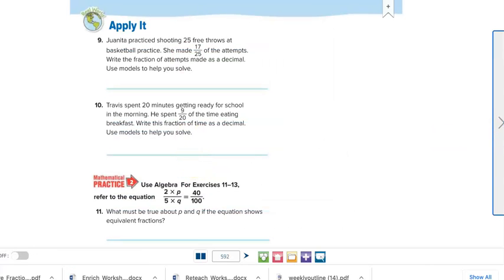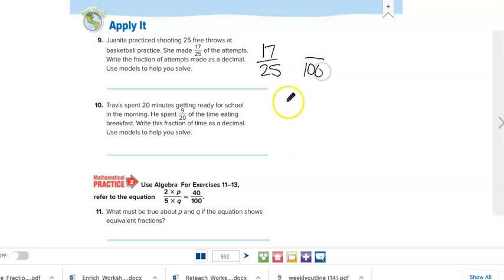Number 9, Juanita practiced shooting 25 free throws at basketball practice. She made 17 out of 25 of the attempts. Write the fraction of attempts made as a decimal. So I have 17/25. Again, my goal is to get that to equal 10 or 100. I can't get that to equal 10, so I'll make it equal 100. I know that I have 4 quarters in a dollar, so I'm multiplying this by 4 to get to 100.